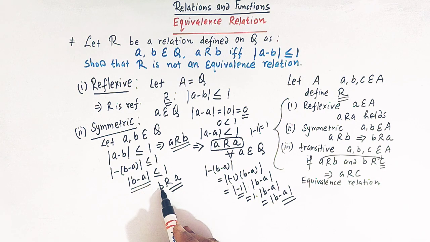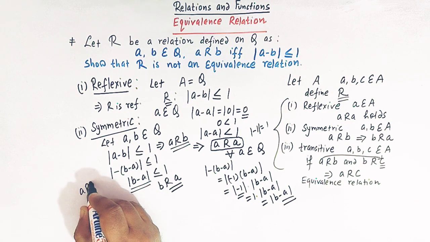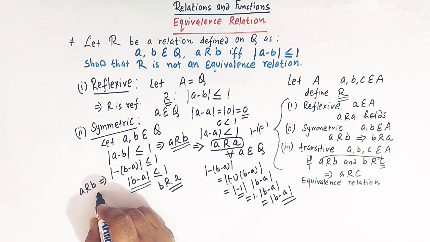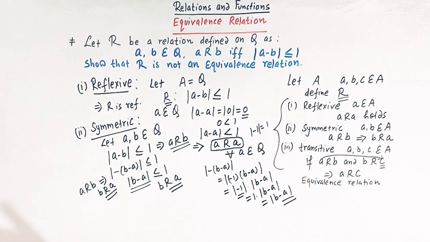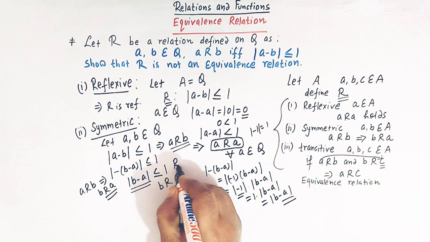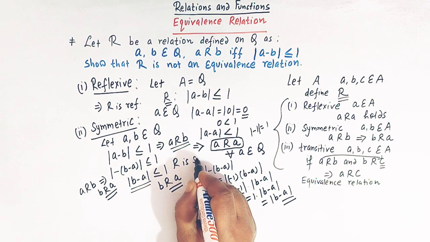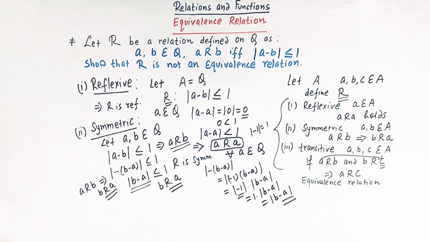So it implies that B is related to A. So we have seen that A related to B implies that B related to A, which suggests that this relation R is symmetric. So R is a symmetric relation.